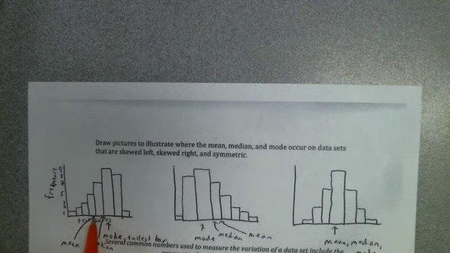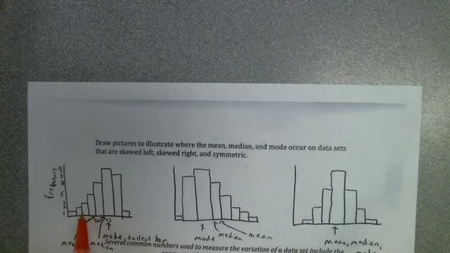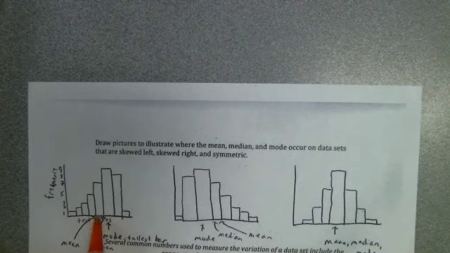So the mean, just by eyeballing it, I'm going to say, is right about in here. If you have a left skewed histogram, in other words, you have a tail on the left, the mean is going to get pulled in the direction of the tail. The reason is these low test scores are going to pull the average down towards them.